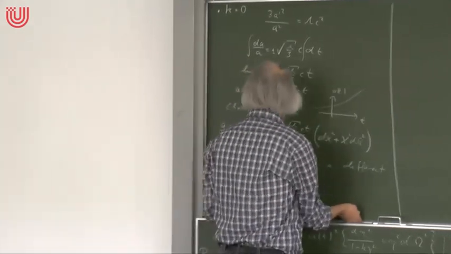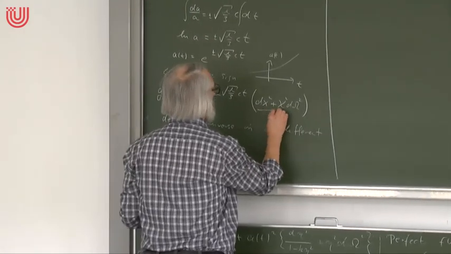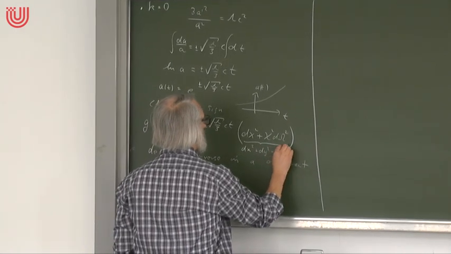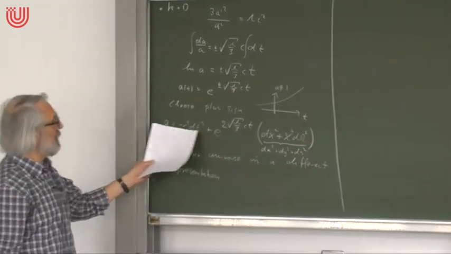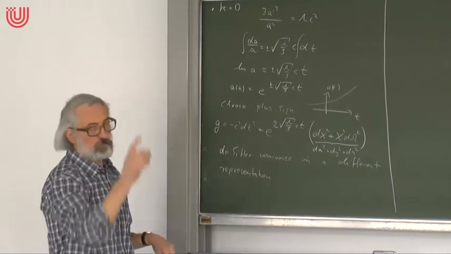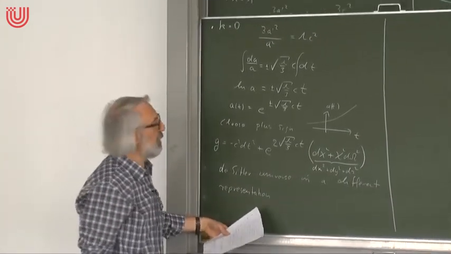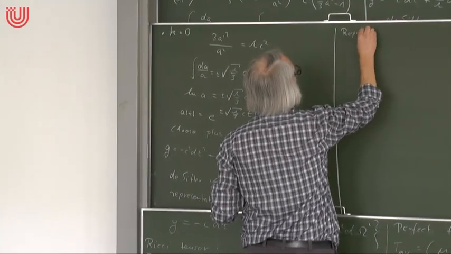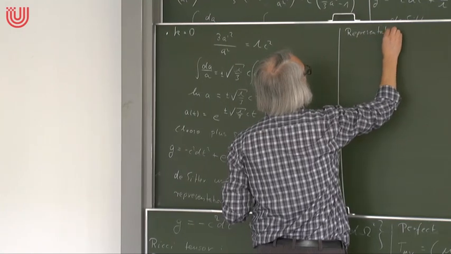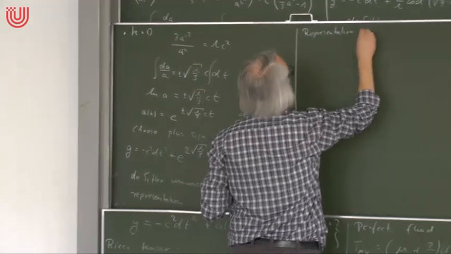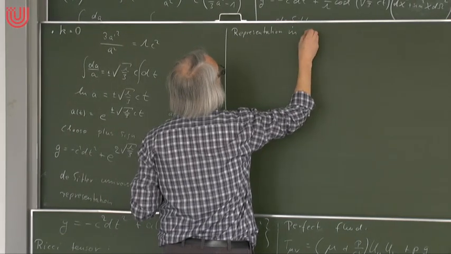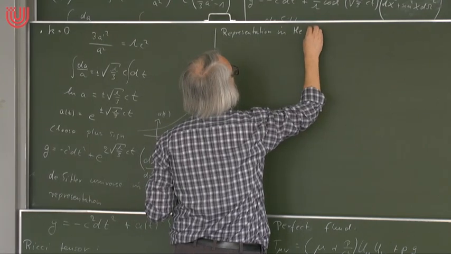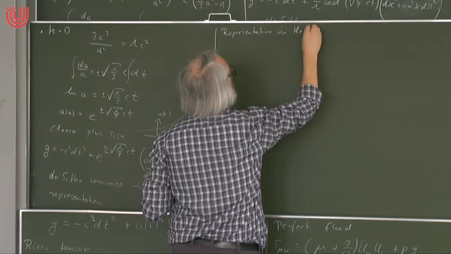So I can also write this as the little x squared plus the little y squared plus the little z squared. And I tell you how t, x, y, and z are related to this capital X, Y, Z. So, the representation with the 5-dimensional embedding.